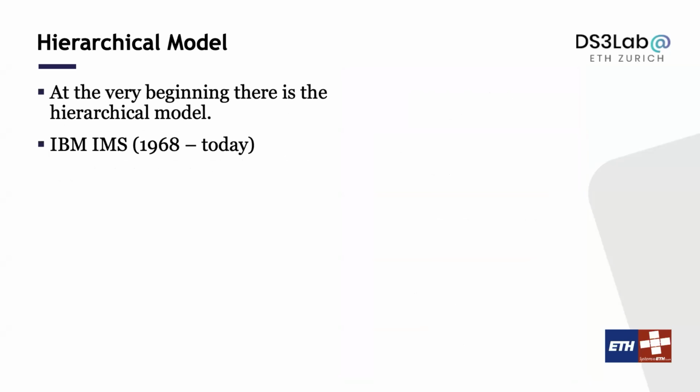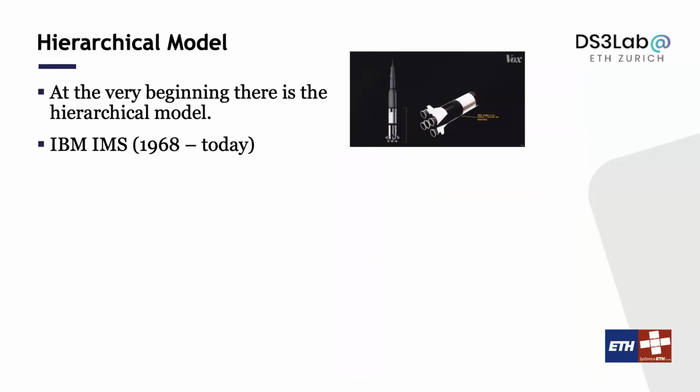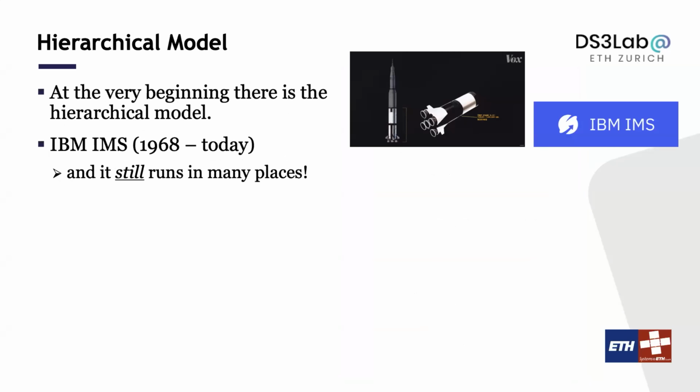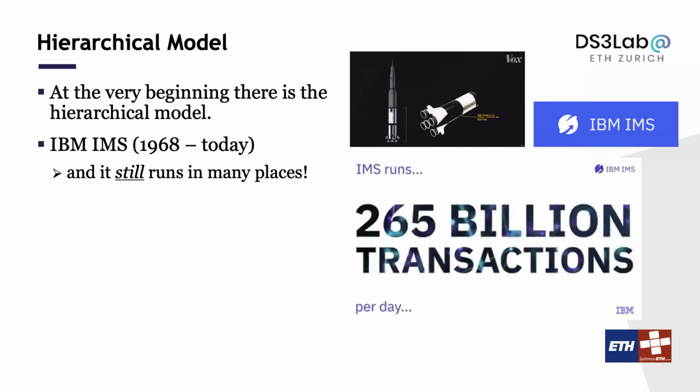I think the first release is around 1968, and you still have a whole bunch of queries running in IMS even today. They are actually all over the place. This system is almost half a century old, but there are still probably 250 billion transactions every single day running this type of model.